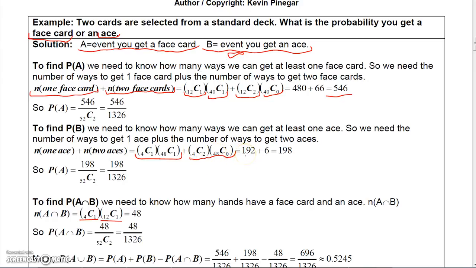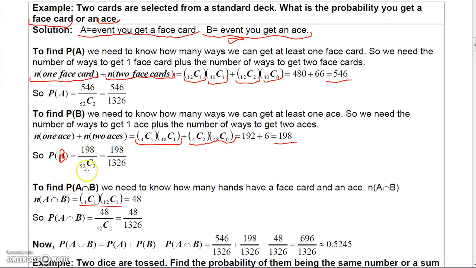If you add those together, you get 192 plus 6, which is 198. So the probability of getting at least one ace would be 198 out of 1326.